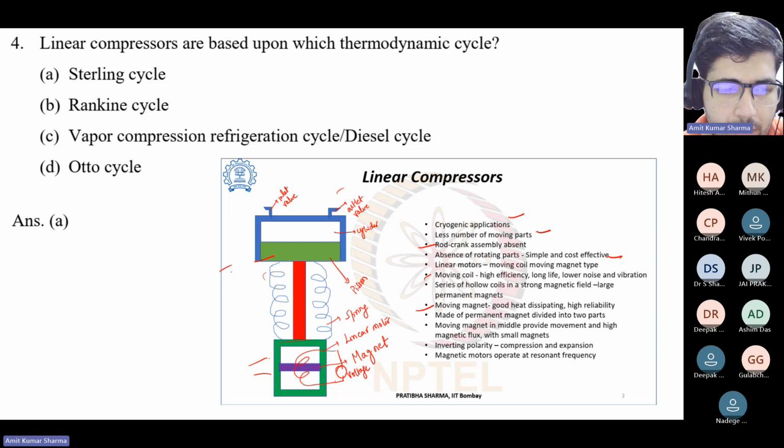The moving magnet in the middle provides movement and high magnetic flux with small magnets. We can invert the polarity, so it will move up or down, giving compression and expansion. Magnetic motors operate at resonant frequency.